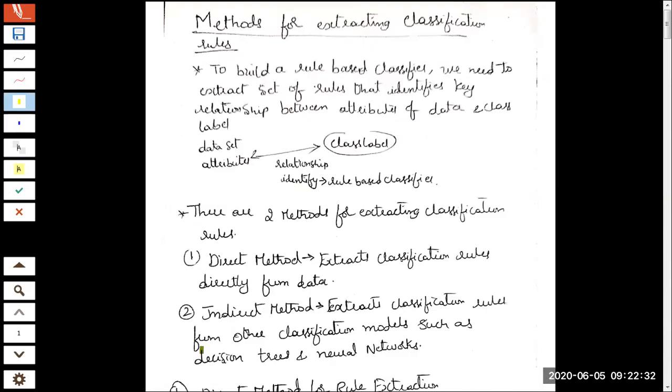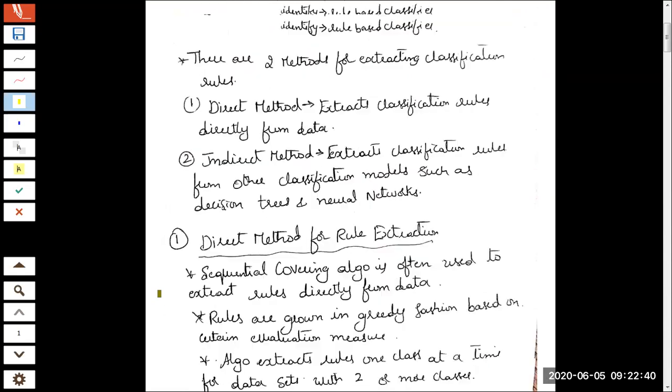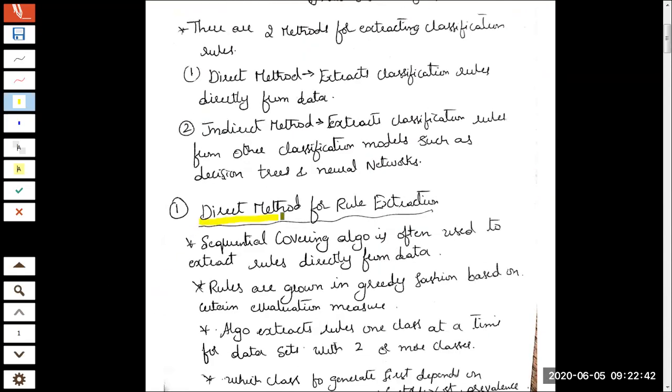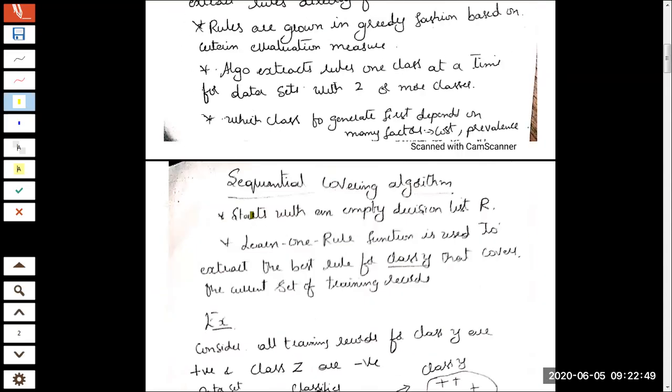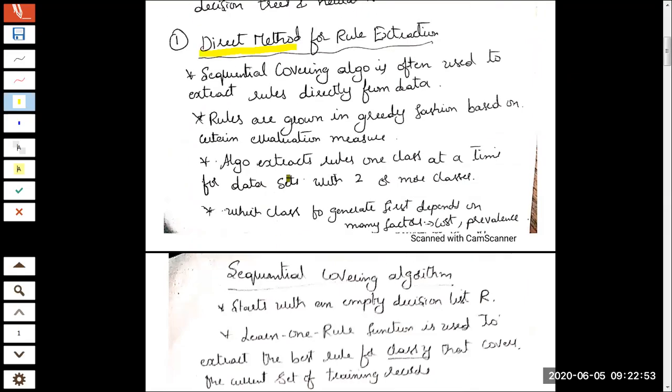Next, we understood what are the ways in which you can build or construct a rule. Okay, so two popular ways are there, which is part of your syllabus. The first one is direct method. So this was the discussion in the previous session. Now, what happens in a direct method? So in direct method, we understood the classifier will directly go to the database or the training record.